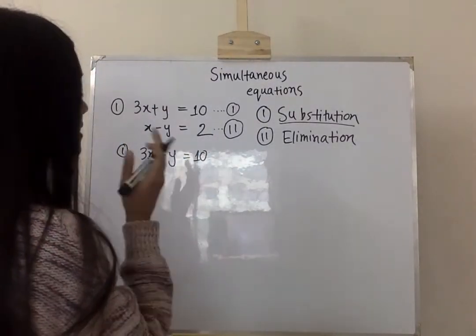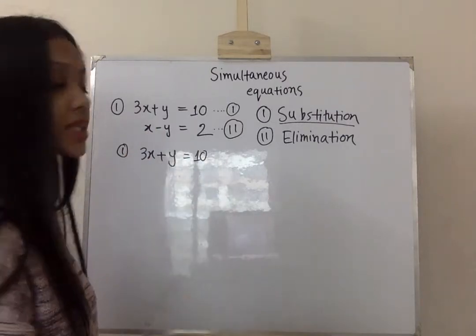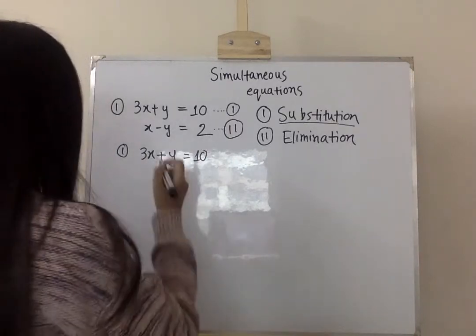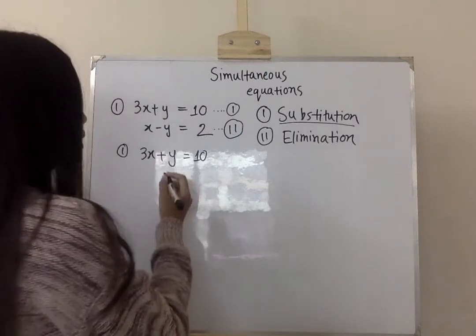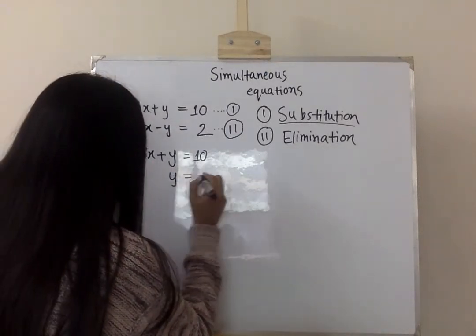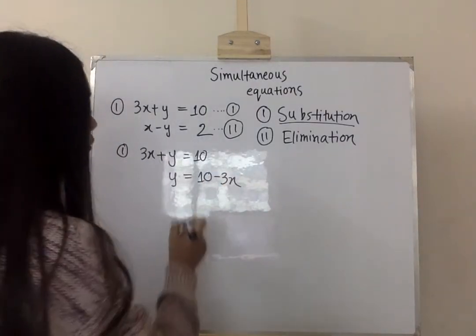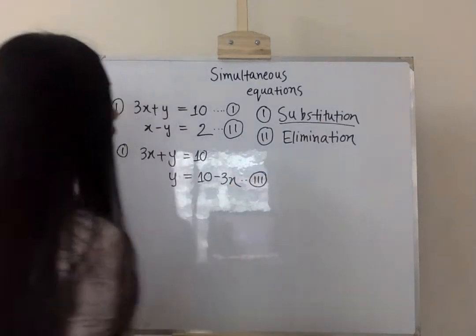In this case, it is easier for us to make y the subject instead of x, since x has a coefficient which is 3. Let's make y the subject of this equation. Then y is equal to 10 minus 3x. We get this equation, which is our third equation.